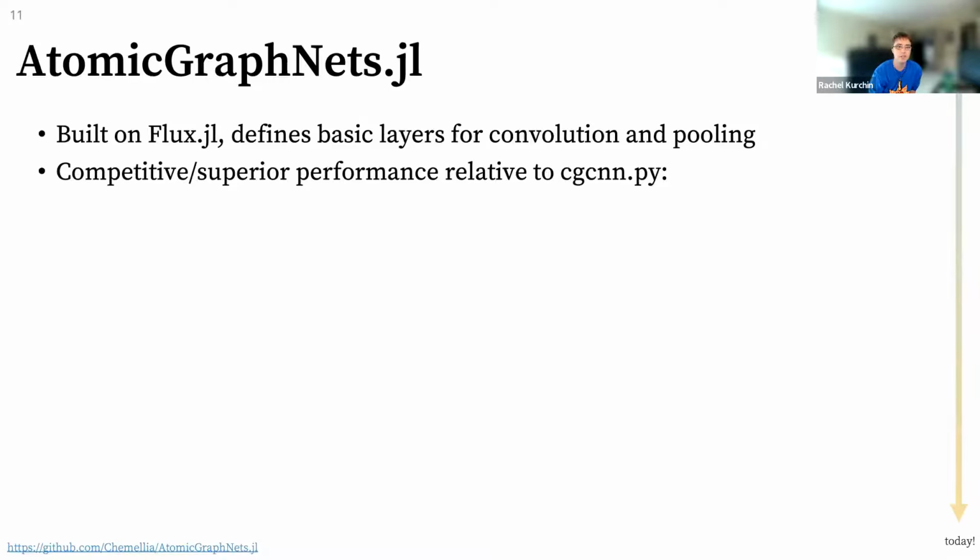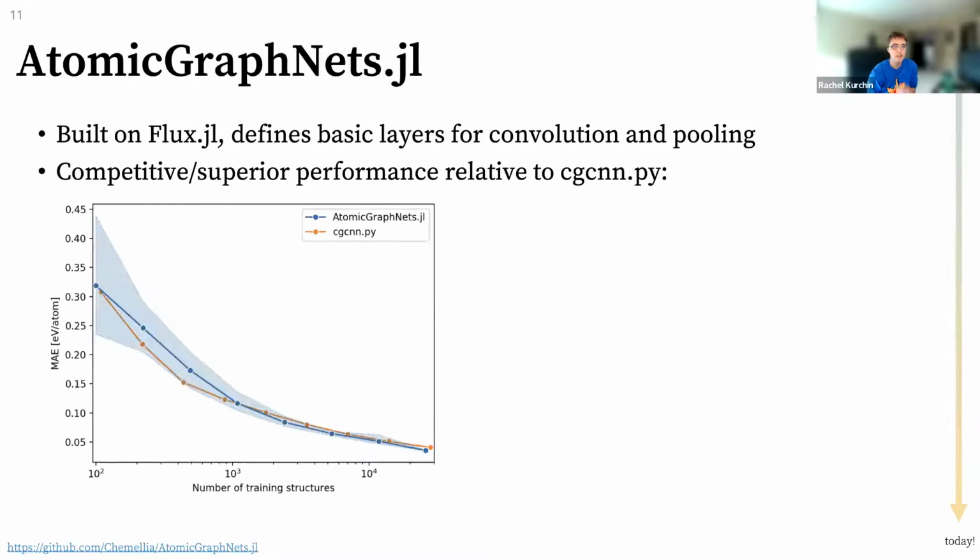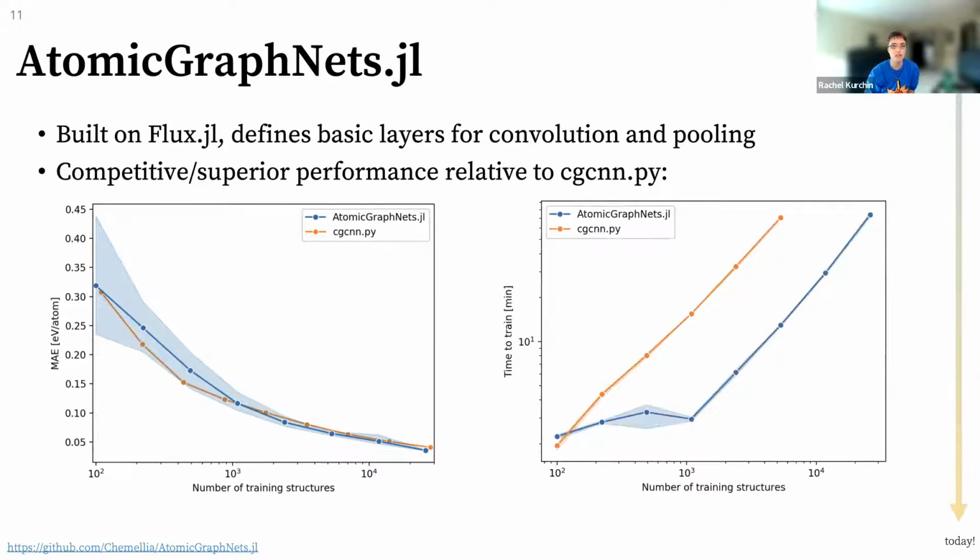But first I'll show that even straight out the gate, before I really knew anything about optimizing Julia or writing the code especially nicely or fast, we got comparable accuracy on this particular test case, which was predicting formation energies of all the stable ordered materials in the Materials Project database, with close to an order of magnitude faster training time. So that was gratifying and cool to see.